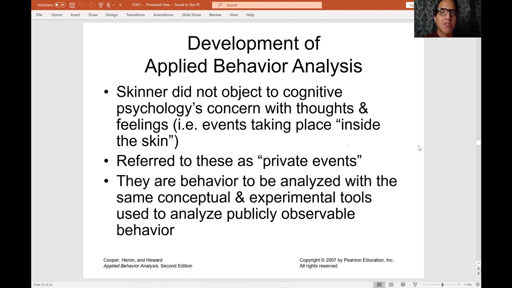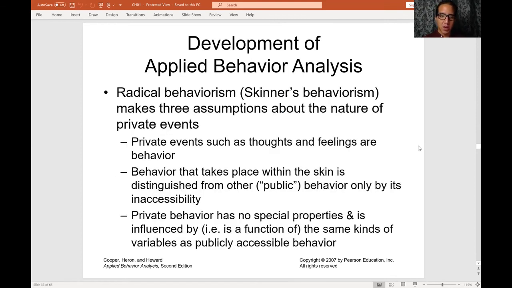Anyway, Skinner did not object to cognitive psychology's concern with thoughts and feelings, events taking place inside the skin. They refer to these as private events, right? They are behavior to be analyzed with the same conceptual and experimental tools used to analyze publicly observable behavior.